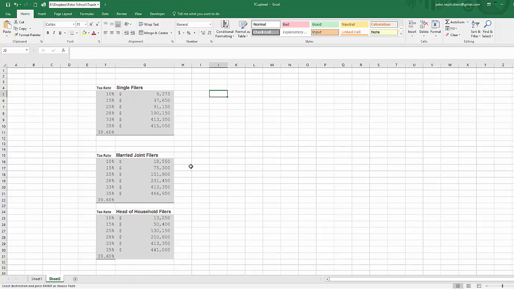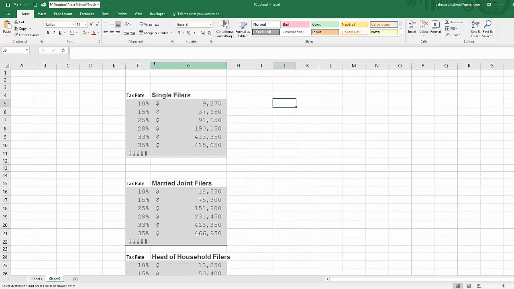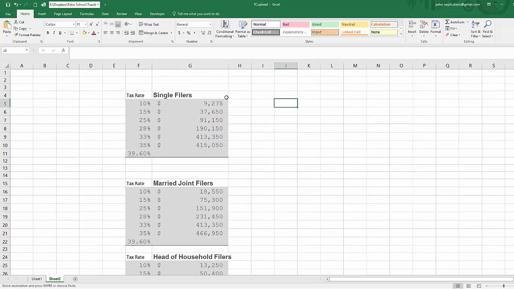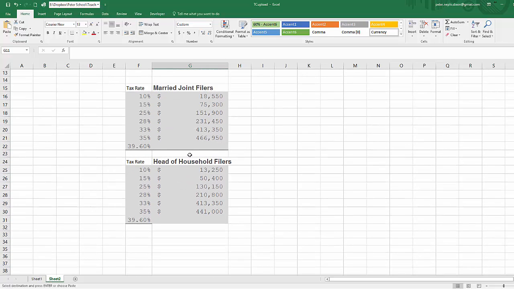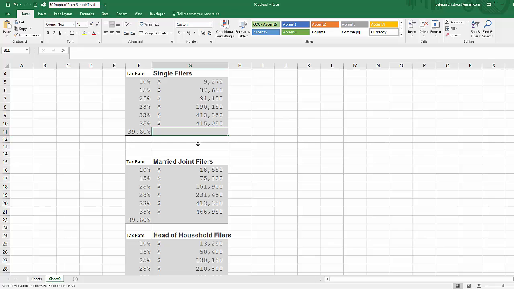So, in the United States, we have a progressive tax system. What that means is that the more money you make, the higher your tax rate. I pulled these numbers for the 2016 tax year, and this gives you the marginal tax rates for the various incomes and the various filing types.